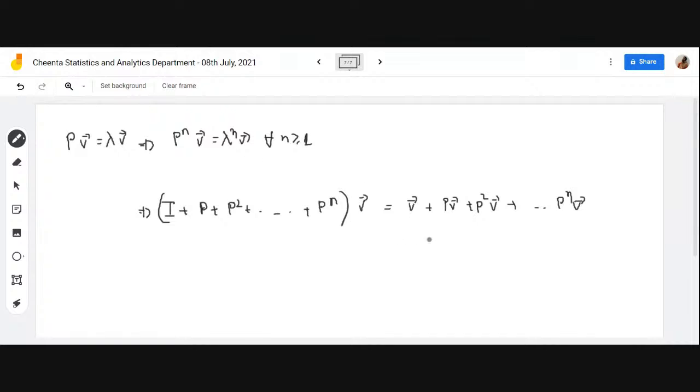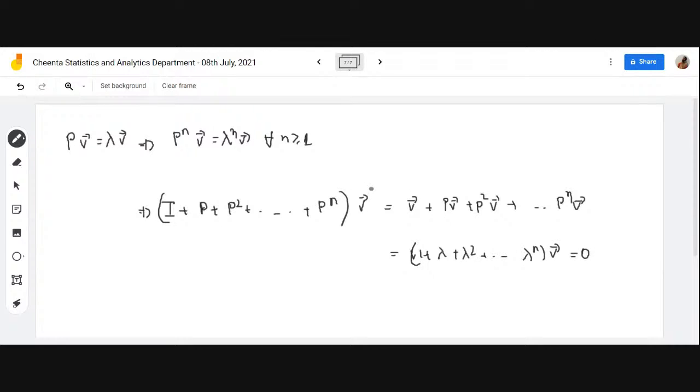From this equation we get that v is an eigenvector of P, okay? From this you get that (1 plus lambda plus lambda squared plus dot dot lambda to the power n) v. Now you know this is equal to 0, right?